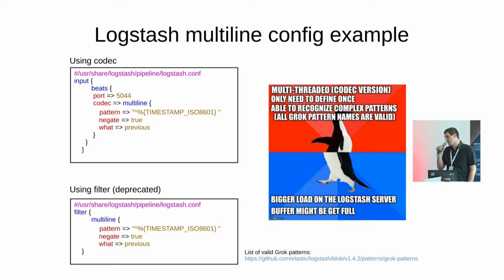And if you have many log input sources and many multi-line logs, the buffer might start getting full, waiting for the end of the event. If you have many multi-line events and you didn't give Logstash enough memory, you might end up with a full buffer, and the Logstash logging mechanism just stops working.